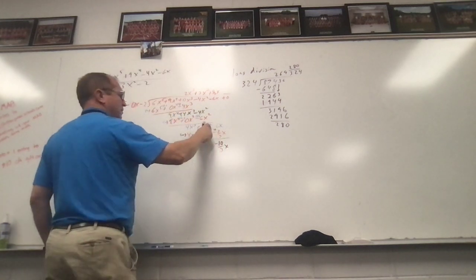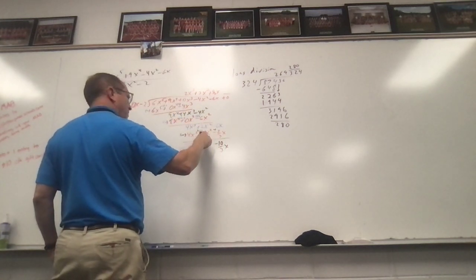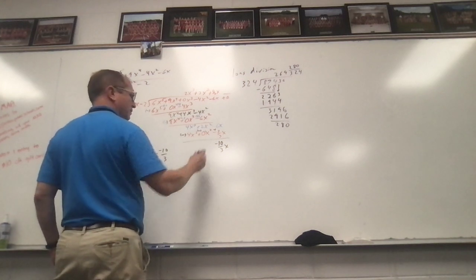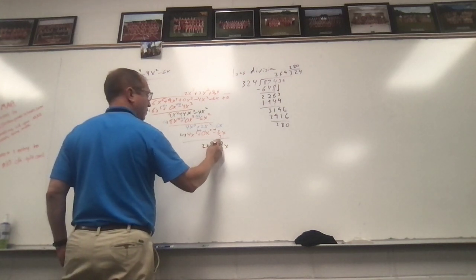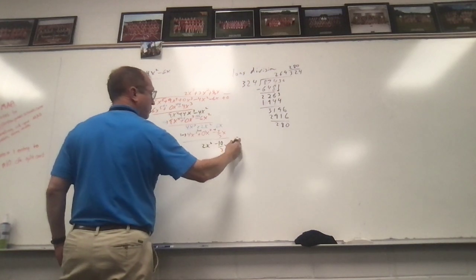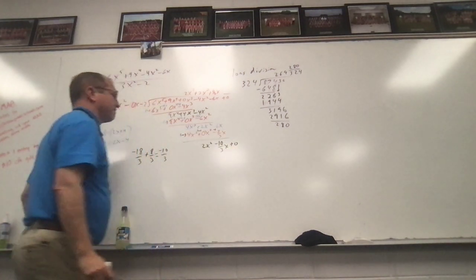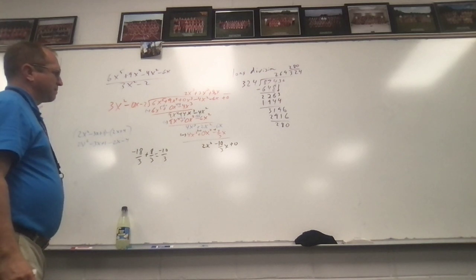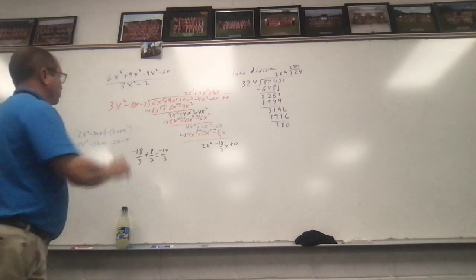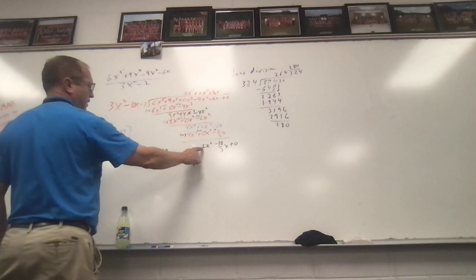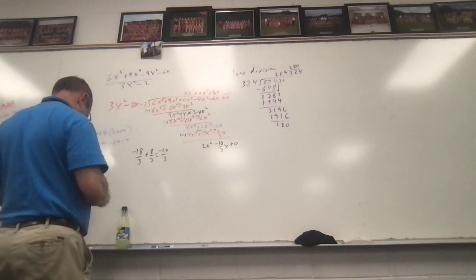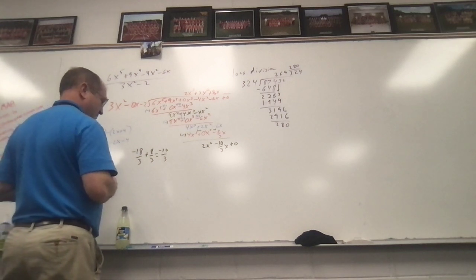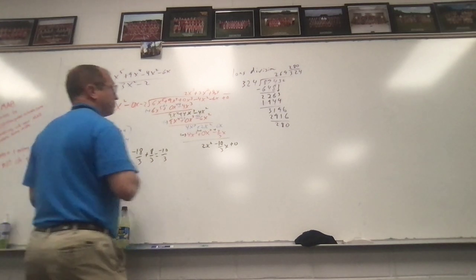And then 2x squared minus 0x squared is 2x squared. And then plus 0. Are we still good? All right, so 3 times what gives me 2? 2/3.